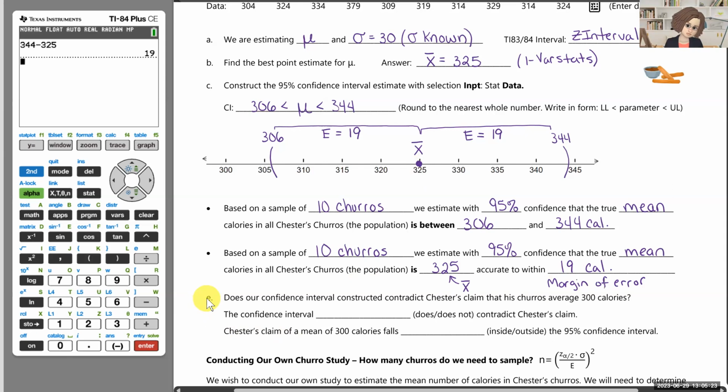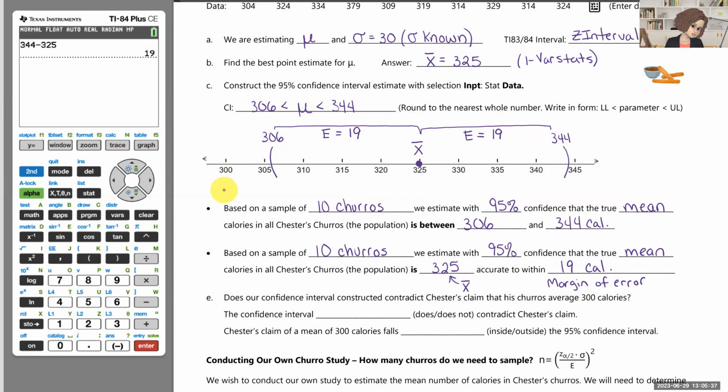All right, last part here. Does our confidence interval constructed contradict Chester's claim that his churros average 300 calories? All right, so the claim made by Chester is that 300 is the true mean. So that is Chester's claim. So his claim was that mu was 300.